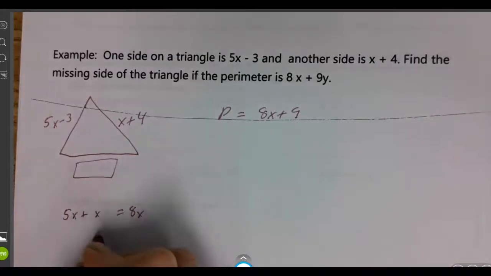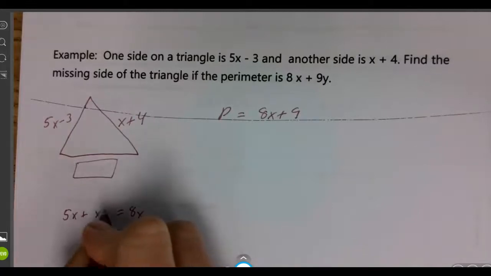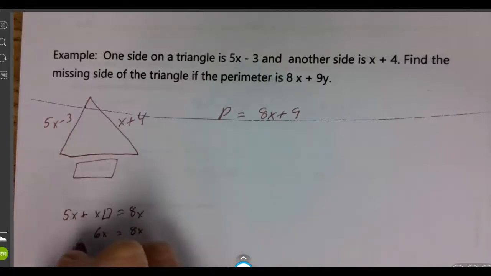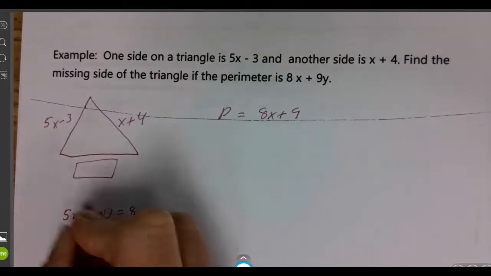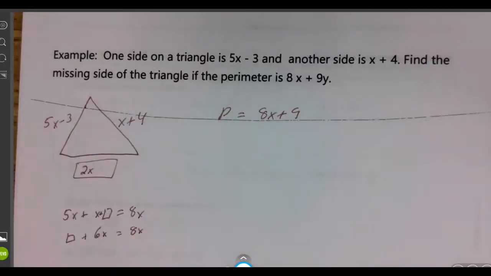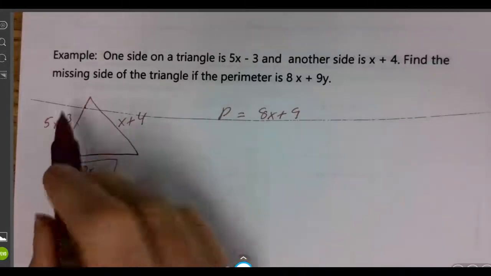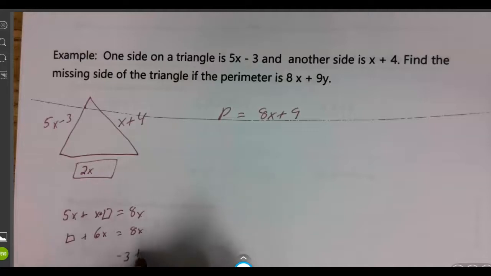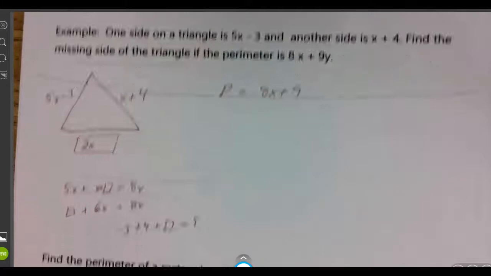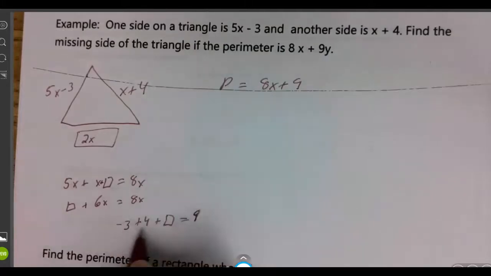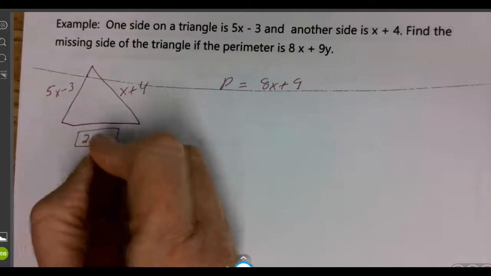So you could just go 6x equals 8x. What else do I have to do to this? I have to add a 2x. Now, I have negative 3 plus 4 plus what gives me 9? Negative 3 plus 4, so that's 1. What do I have to add to 1 to get 9? 8. So that's one way.